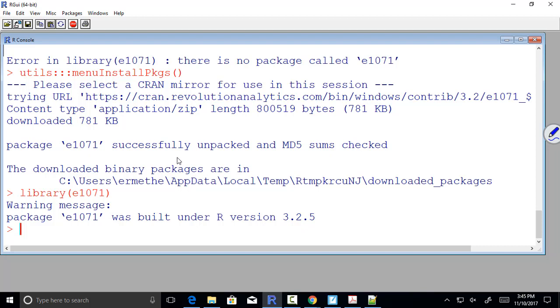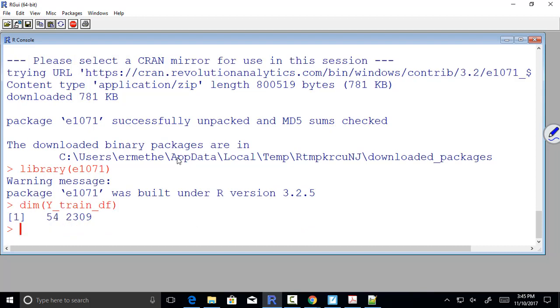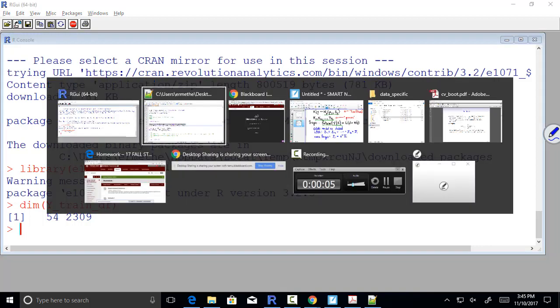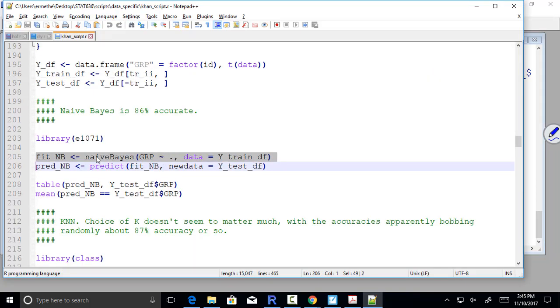So we have this y train df. The number of training individuals currently is 54. I have one column for the class membership, and then I have 2,308 columns containing predictor variables. When I say fit the naive Bayes model with group as the response, tilde dot, that's telling R to use all 2,308 variables as features or predictor variables.